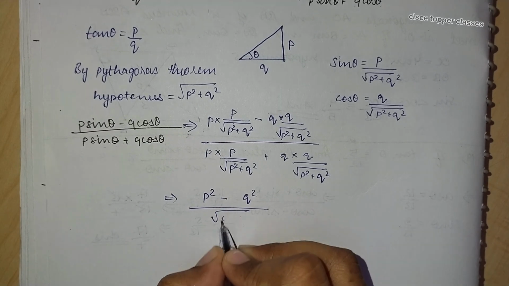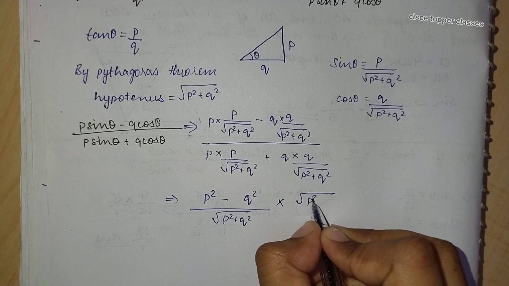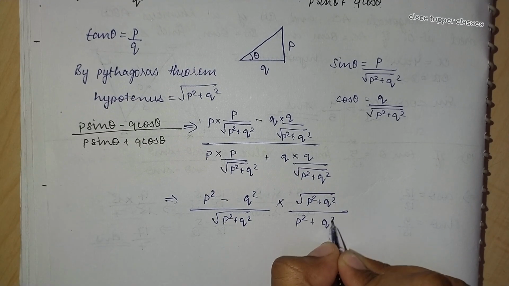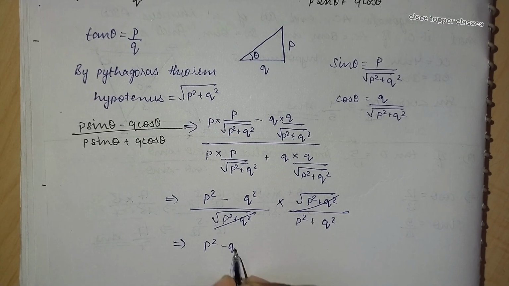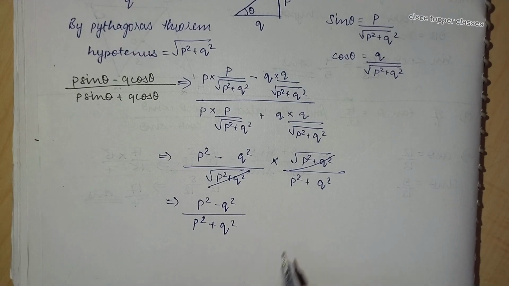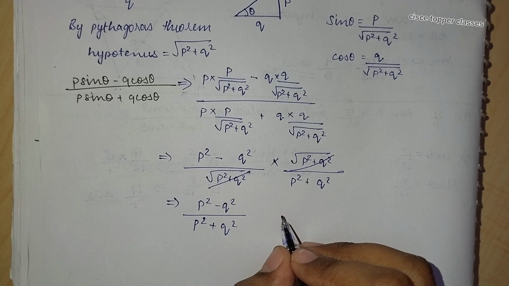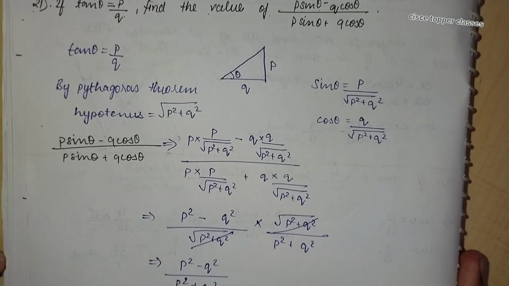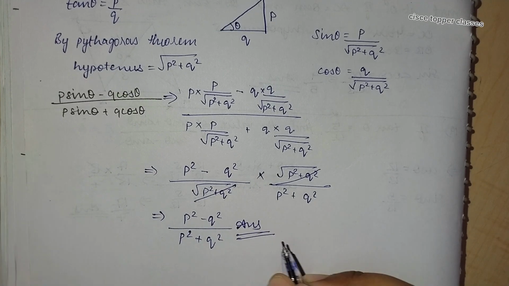On taking LCM, this will be p square plus q square divided by p square plus q square, which will cancel out, and here we will get p square minus q square divided by p square plus q square. So this is the final answer of the 21st question.